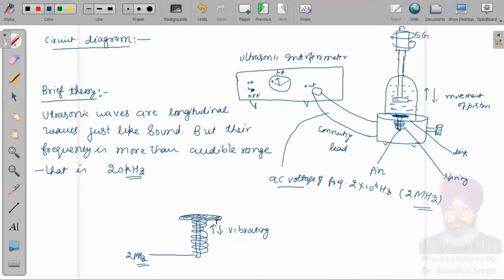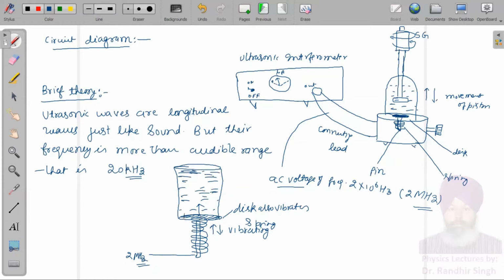So if spring vibrates, then disc also vibrates, and this disc is putting pressure on the liquid bottom. So there is a cell, and this cell is touching from the bottom to this disc. So this cell means cylinder, it is filled with, of course, water.